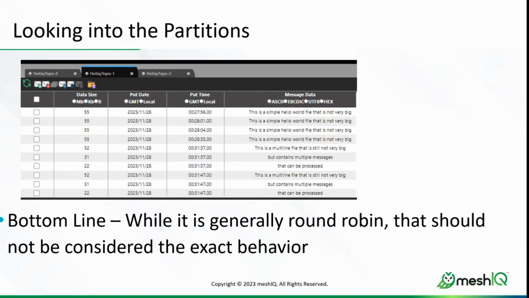That's why I called it random with the opportunistic. It isn't a fixed behavior. I cannot rely on that. I could run this same test again with a little bit more workload on, and this message would go to 1, this one would go to 2, and this one would go to 3. So that's both sides of that, right? It's not round robin, so don't rely on it being round robin, but it may be round robin, so don't rely on it being not round robin.